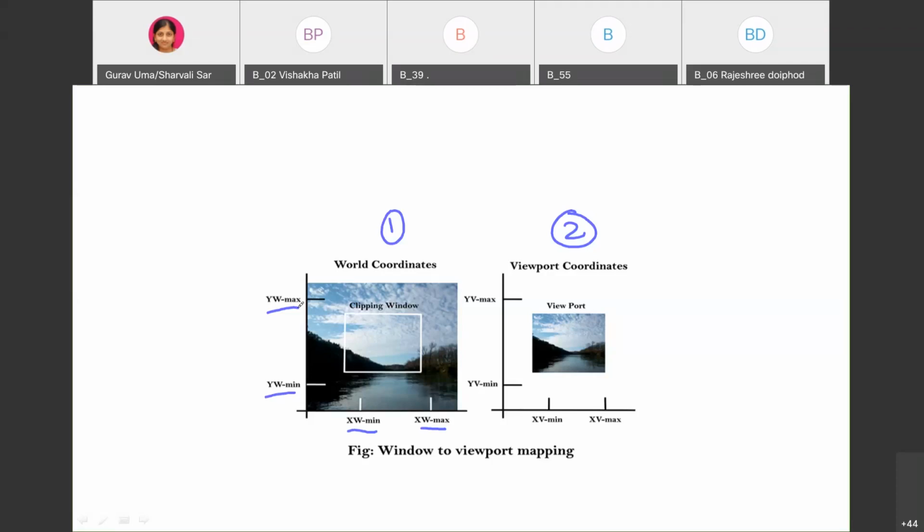We have just put a maximum and minimum value to the window. The image is displayed in a window, and when we are viewing it, only the object visible in the window will be displayed, the rest is deleted. That means it is invisible. So this is the concept of window and viewport.